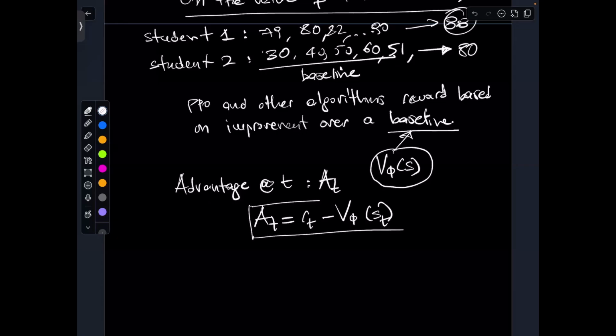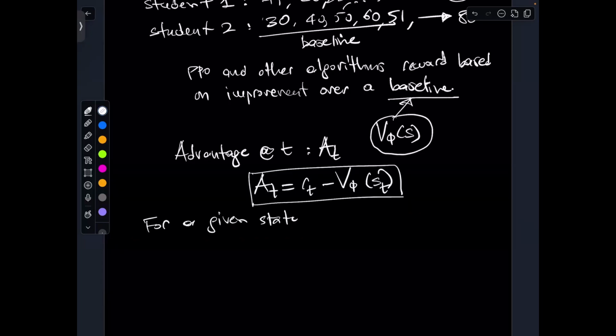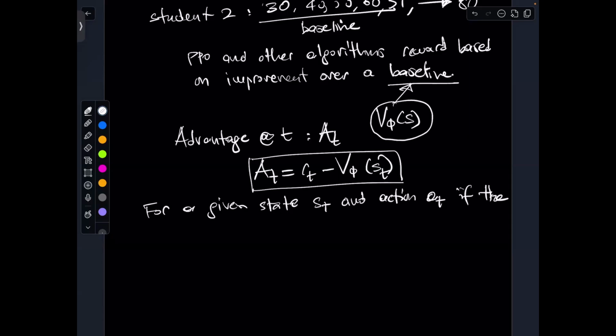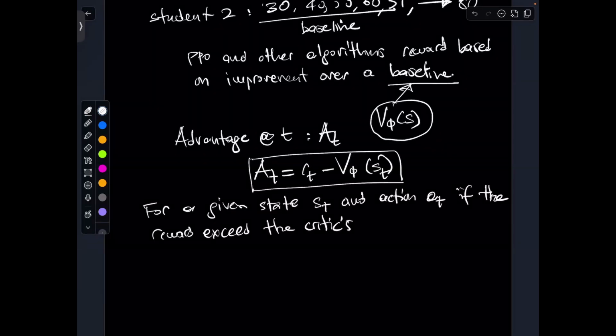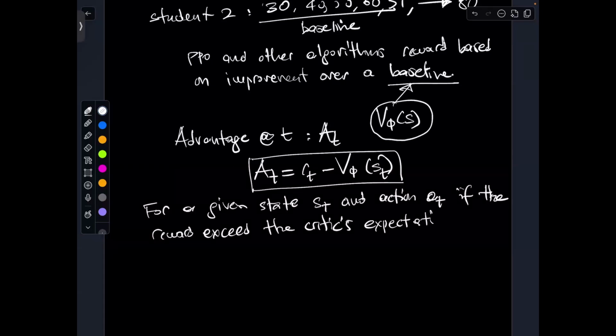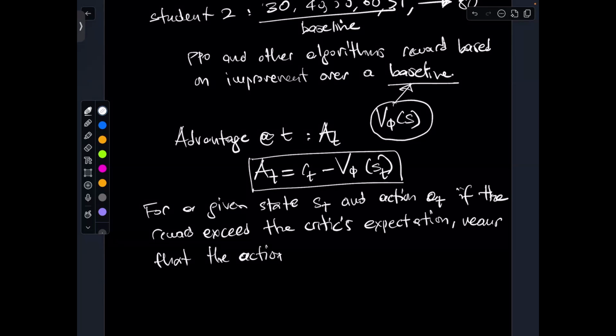So basically this equation means that if, for a given state S_t and action, small letter a_t, the reward exceeds the critic's expectation, it means that the action performed better than predicted.